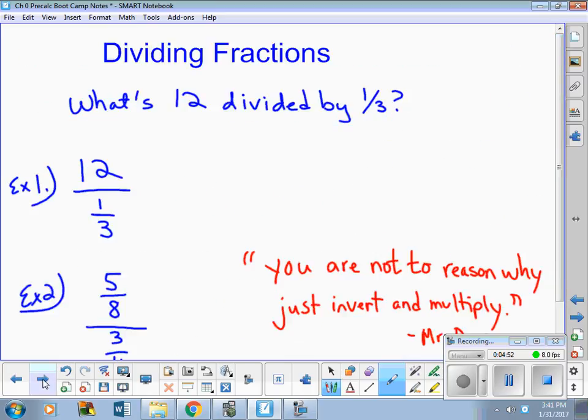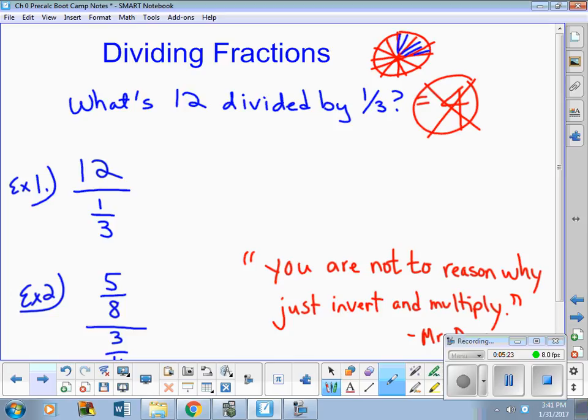Dividing fractions, next topic. What's 12 divided by 1/3? For many people, they would think that it is 4. It does not. If you had, for example, a pizza, and you had 12 slices of pizza, and each of these slices was cut further into thirds somehow.